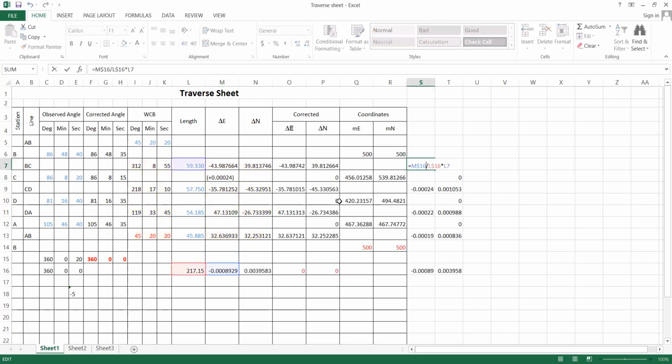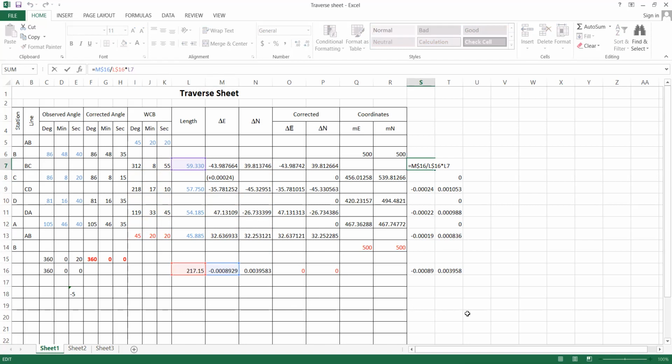For that, I used this worksheet and I was showing the address, the equation I have used. M16 is the sigma delta E. So I divided that with the sigma L and multiplied by the respective length L7.